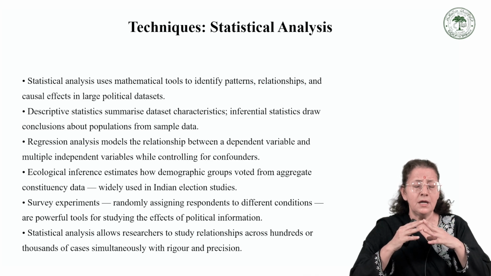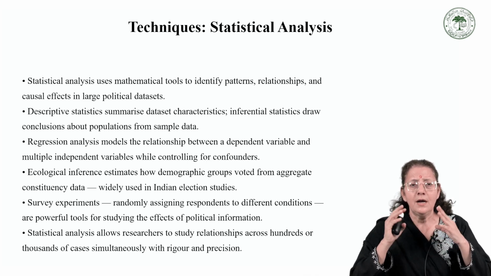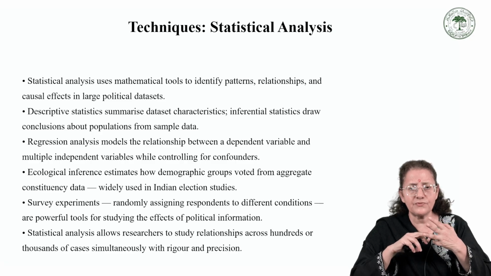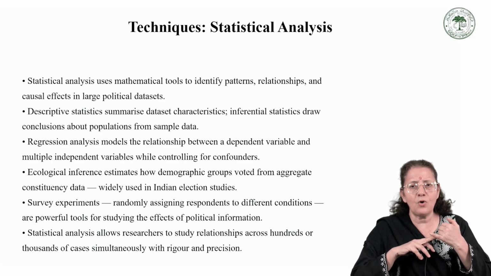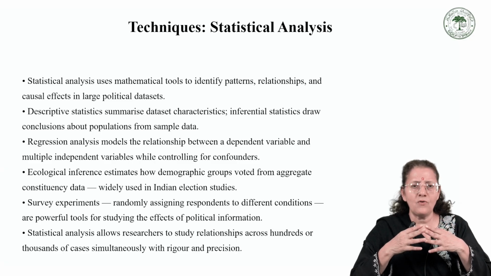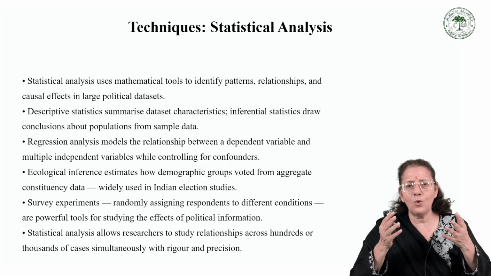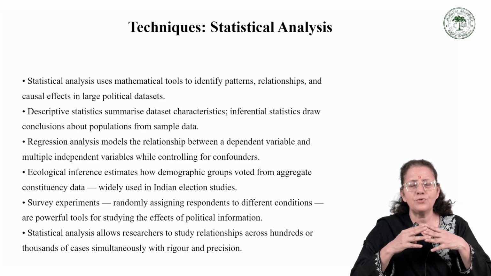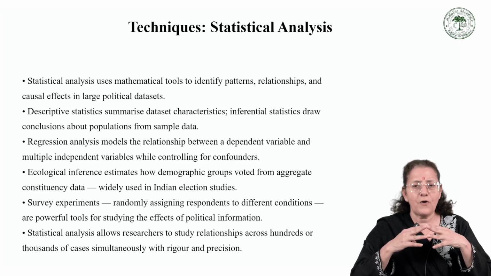Basic statistical techniques used in empirical political science include descriptive statistics, measures of central tendency and dispersion that summarize the characteristics of a data set, and inferential statistics, which allow researchers to draw conclusions about a population from sample data.